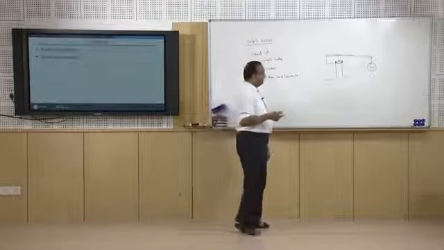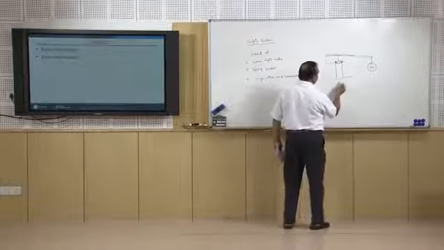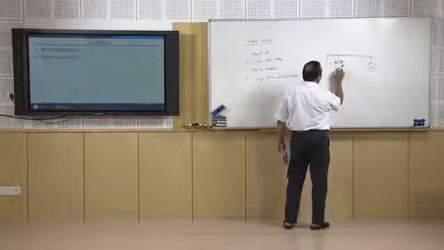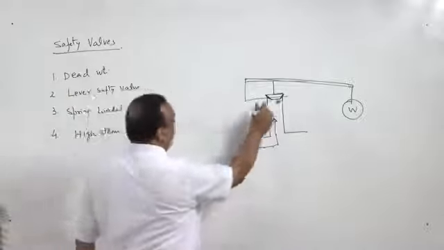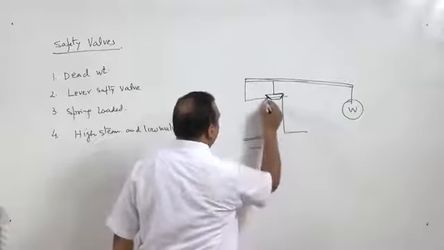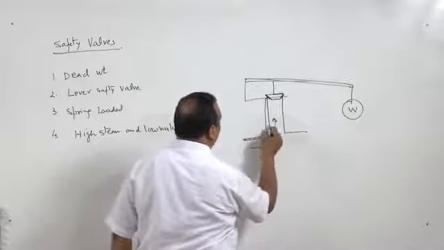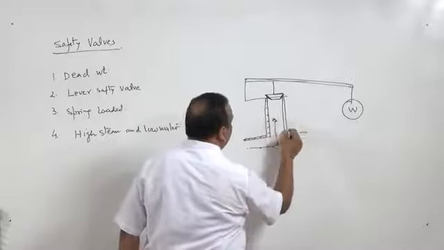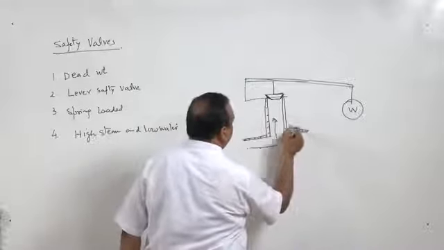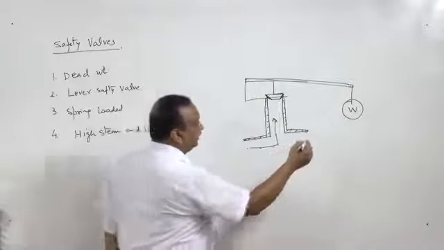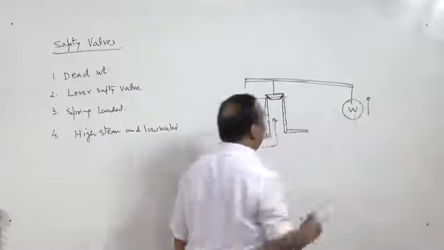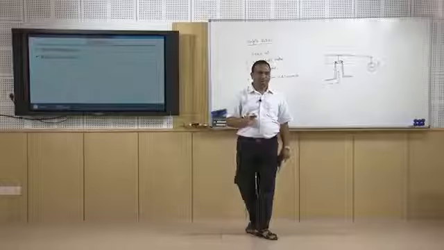Now, if the pressure is exerted on this, the steam will push this closing body, which is also a body of the valve. Because it is hinged here, this weight will be lifted and steam will be vented off.